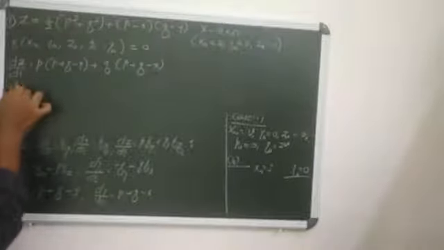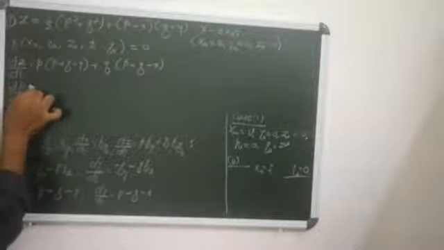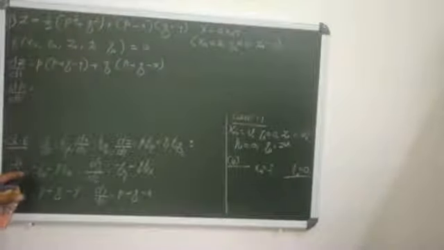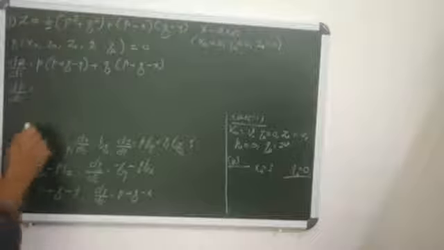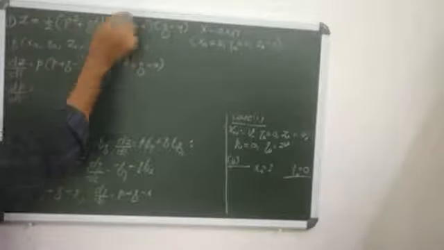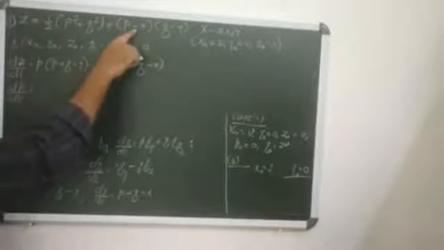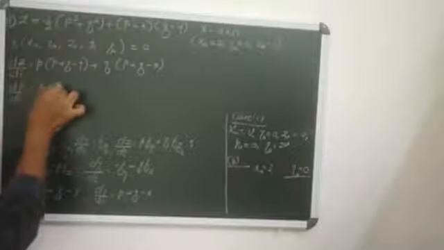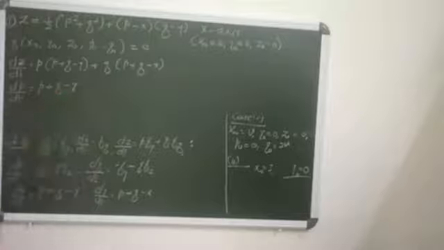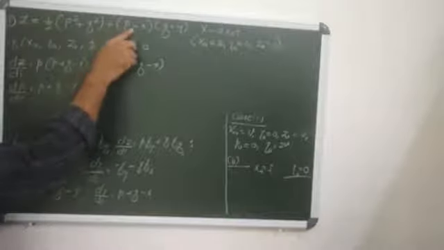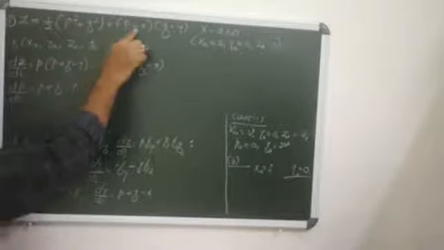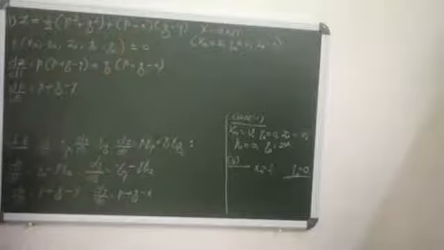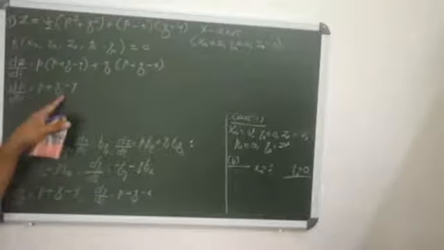What is dp by dt? Dp by dt equals minus fx minus pfz. The first term vanishes, and in the second term, minus x into q minus y, so q minus y remains.